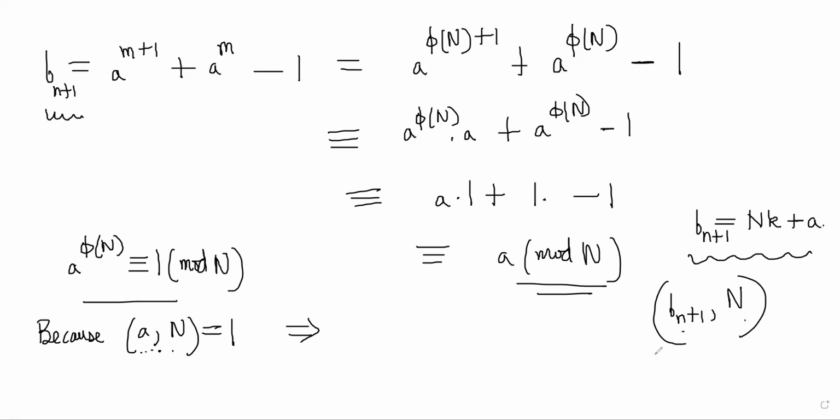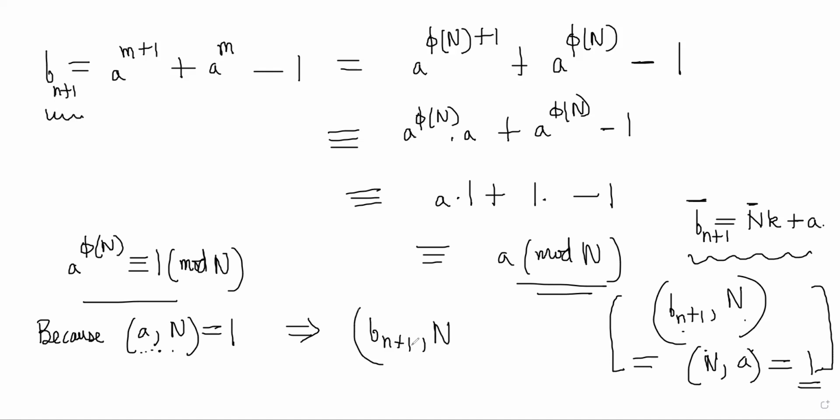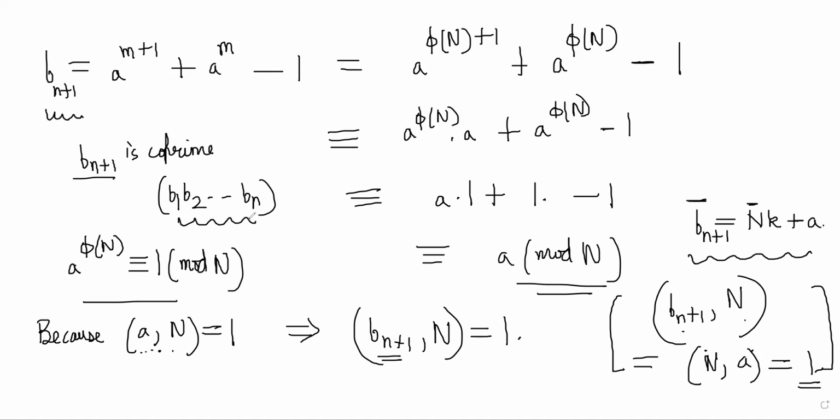GCD of B of N plus 1 and N is equal to GCD of N and A, which is equal to 1. This is by Euclid's division algorithm. So we are getting B of N plus 1 and N, GCD is 1. That means B of N plus 1 is co-prime with the product of the numbers B1, B2 till Bn. So if B of N plus 1 is co-prime with the product of the numbers, then it must be co-prime with each of the individual numbers, right?